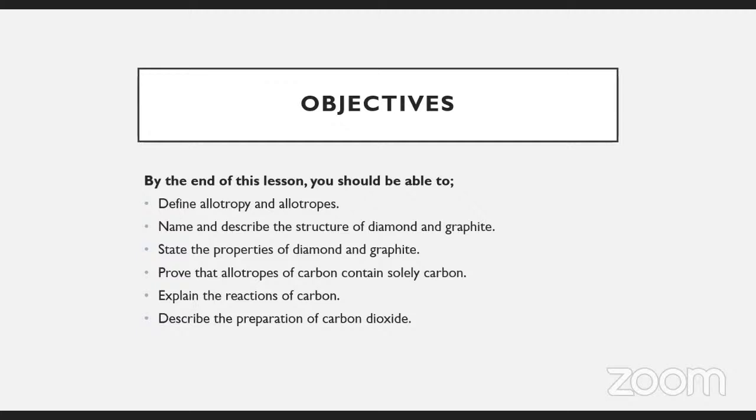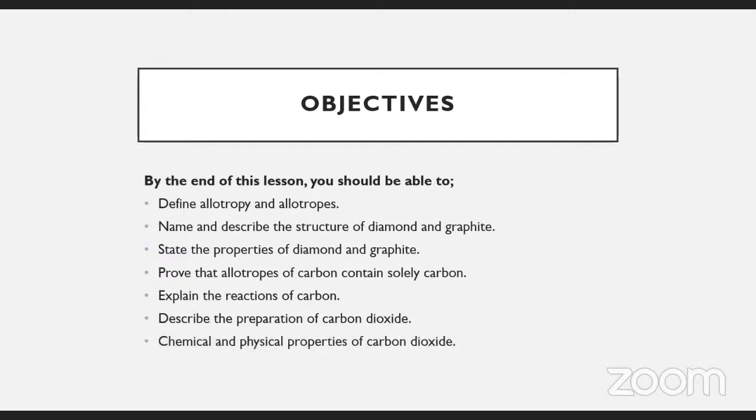When we look at carbon dioxide, it is under the oxides of carbon. Mainly carbon has two oxides. It has carbon dioxide and also carbon monoxide, and at times oxalates. But for us this time around, we shall look at carbon dioxide. Then we shall also look at other oxides later on.